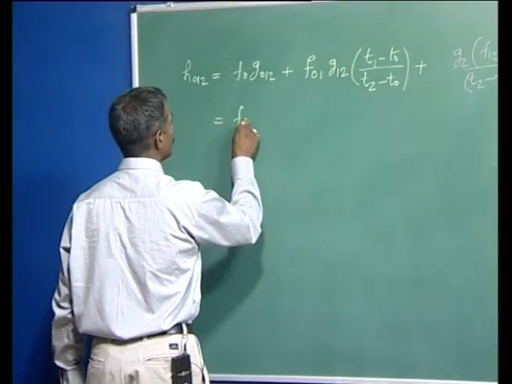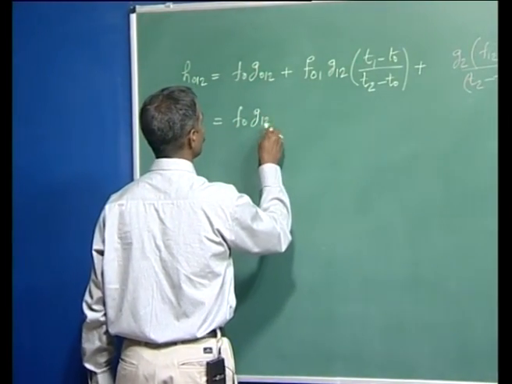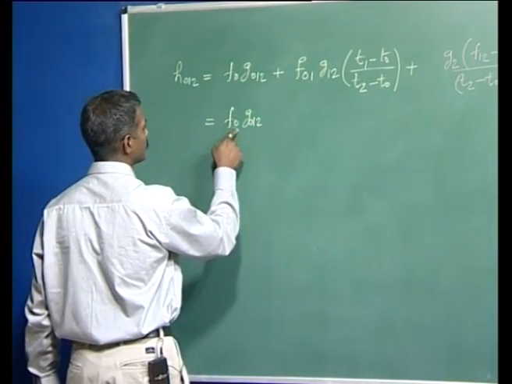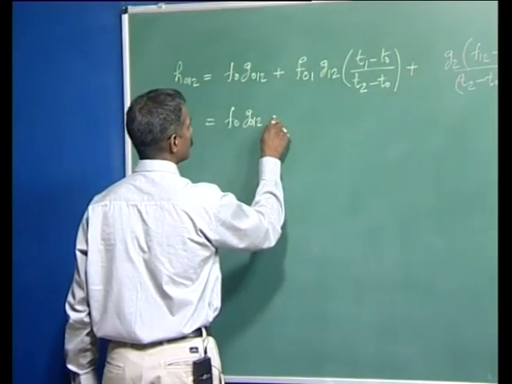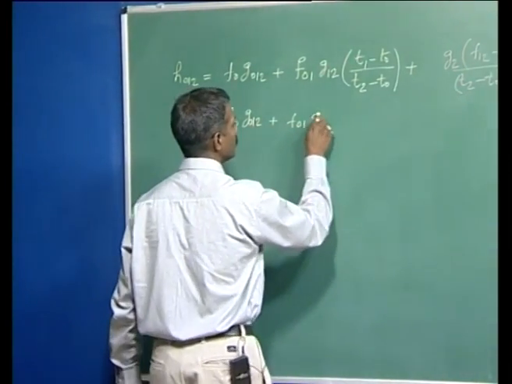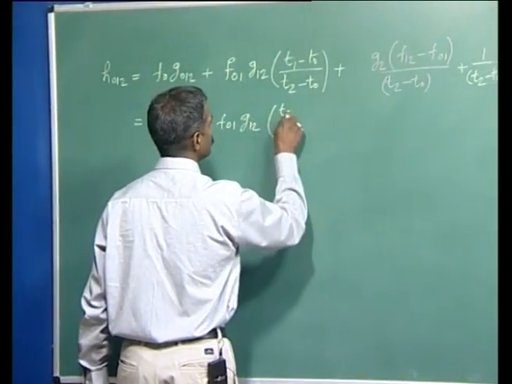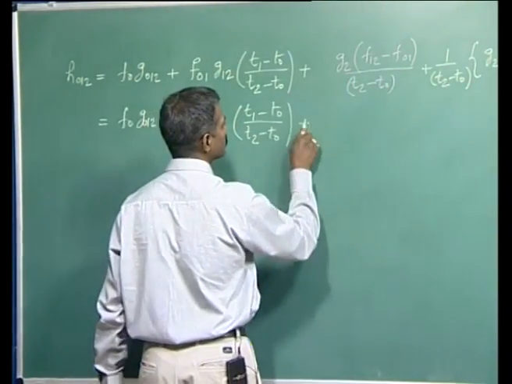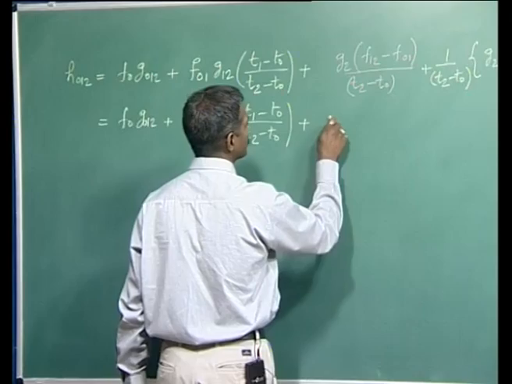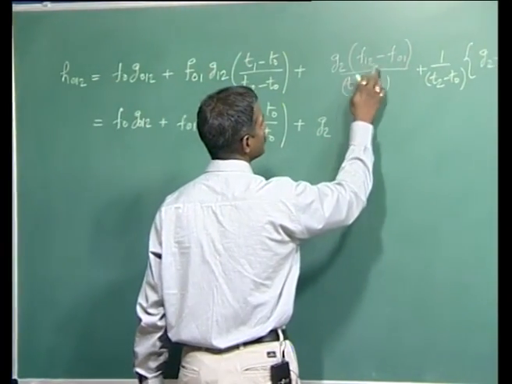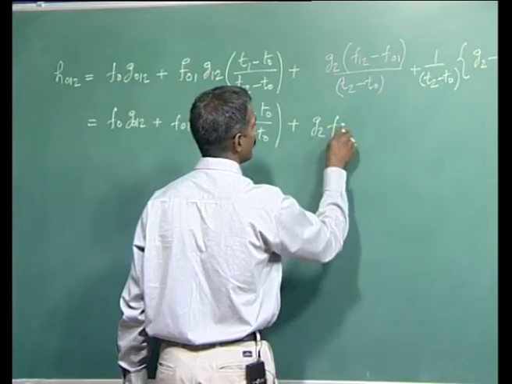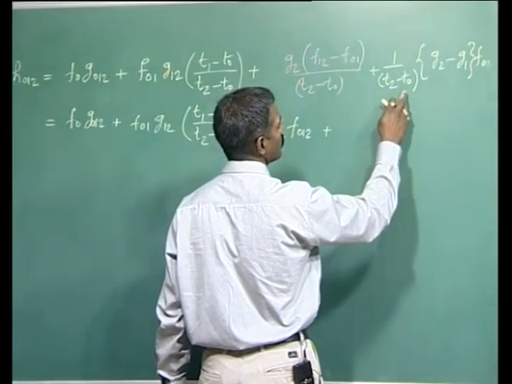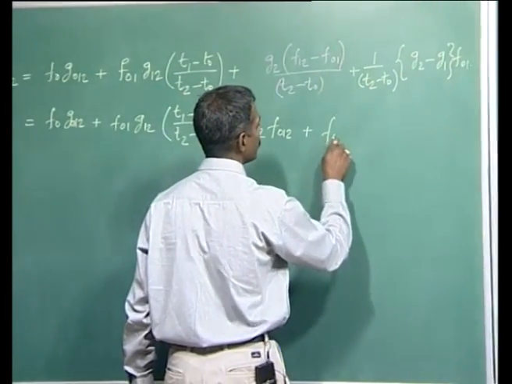This is F0 G12. There will be 0 here. So F0 G012 plus F01 G12 times T1 minus T0 over T2 minus T0 plus, what is this? This is G2 times the second divided difference in F, F012, plus, I can simplify this further.